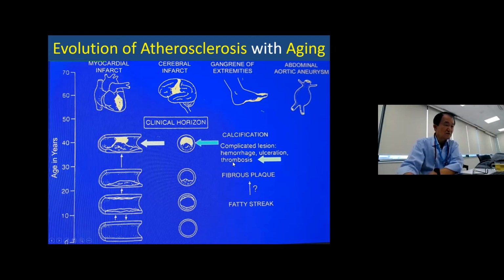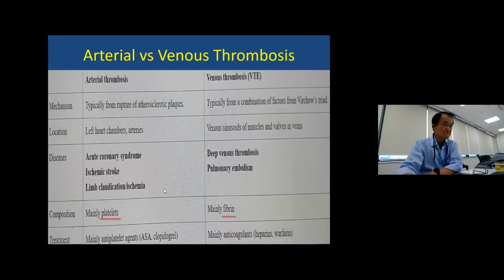And so on the images around 40 years of age, we often see calcification from either hemorrhage or ulcerated thrombosis. We see a lot of calcification. So there's a certain fatty accumulation and some fibrous plaque, and then some ruptured hemorrhage, but then stabilized, we see. But if it's unstable, eventually it develops all these major clinical problems.